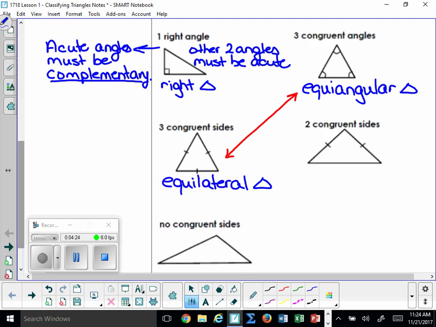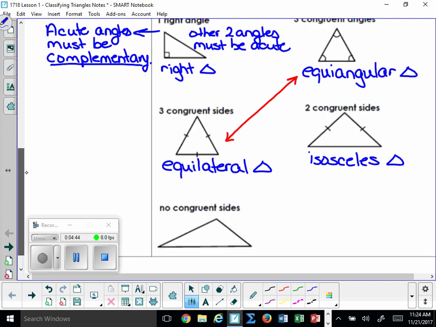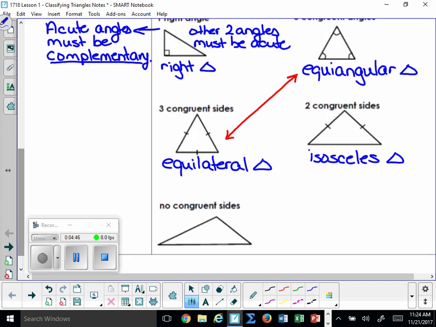Always. All of the other types of angles and sides are mix and match. Okay, but equiangular, equilateral triangles are always together. Two congruent sides is isosceles. I suggest you take a little time and make sure you know how to spell that word. And no congruent sides, scalene.